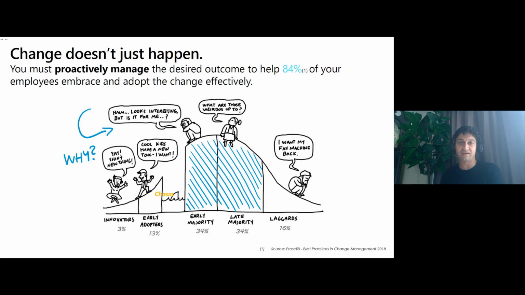But I think at least 84%, and again there's a spectrum there, right? So you have the early adopters, you have the early majority, late majority. So how do you make sure that you're covering all of these different personality types is absolutely key in any new change management strategy.